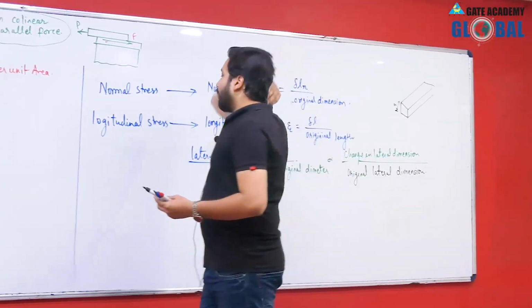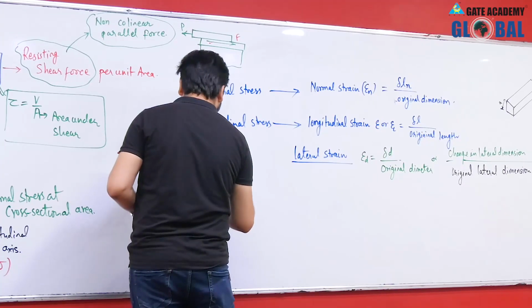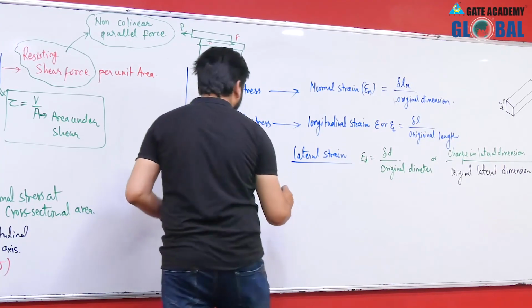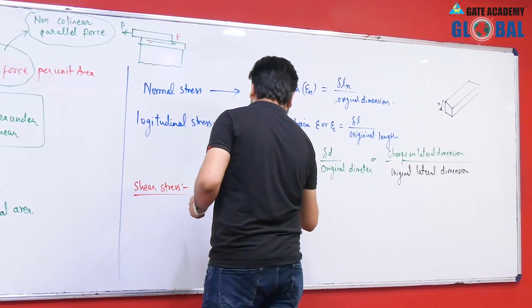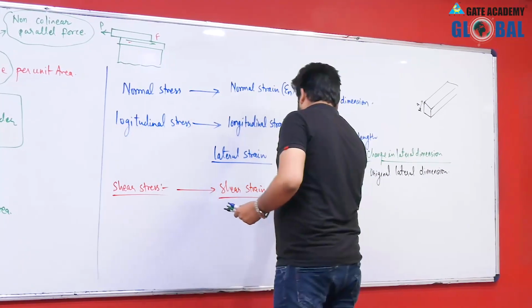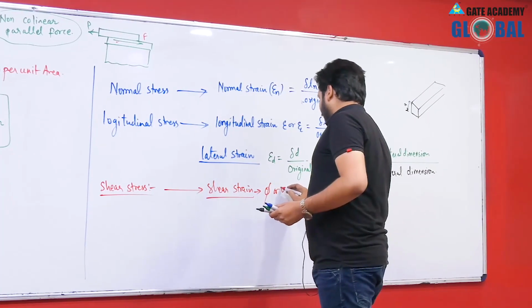Now, corresponding to the shear stress, we will have shear strain. Shear strain can be represented by phi, or you can also write it as gamma.